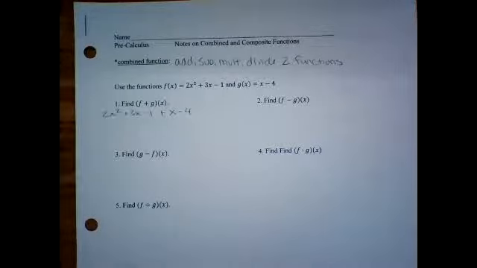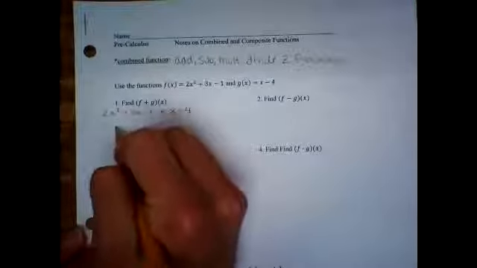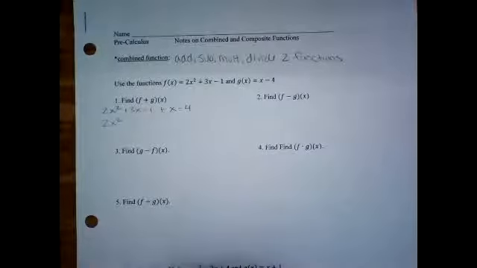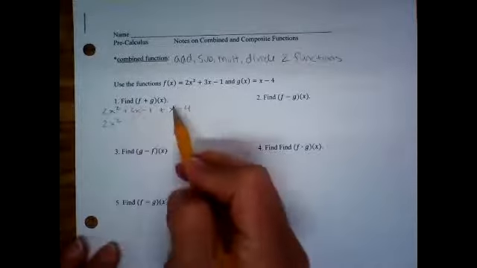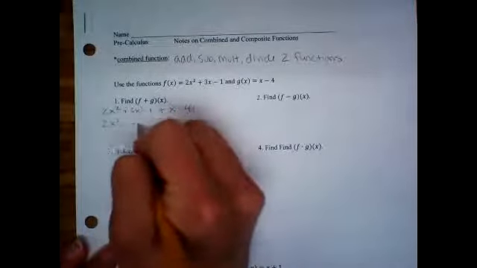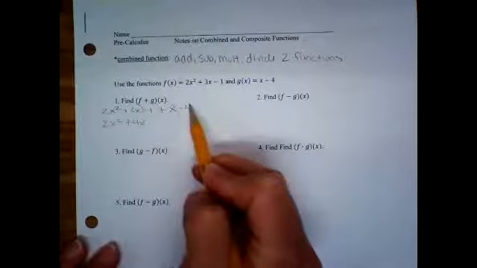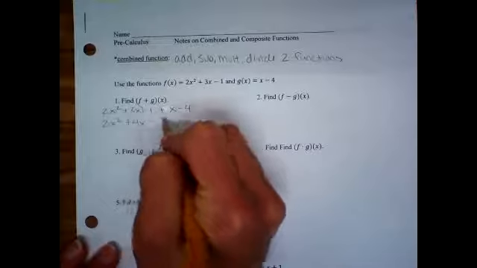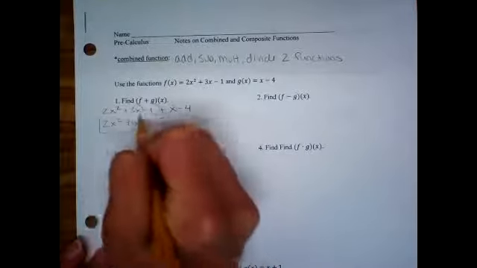So what's going to go together here? Like terms. Yeah, good. We're going to have 4x, 3x plus 1x would be 4x, and then -1 and -4, -5. Literally, that is it. You're just adding them together.